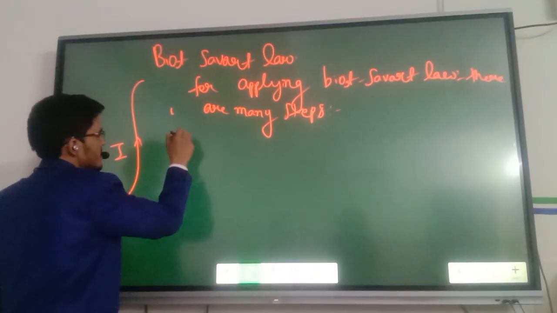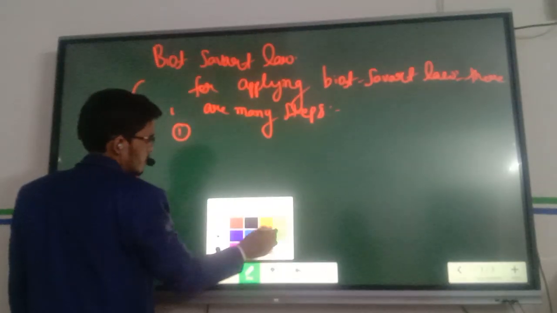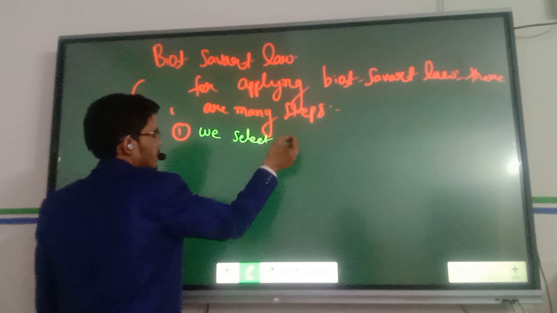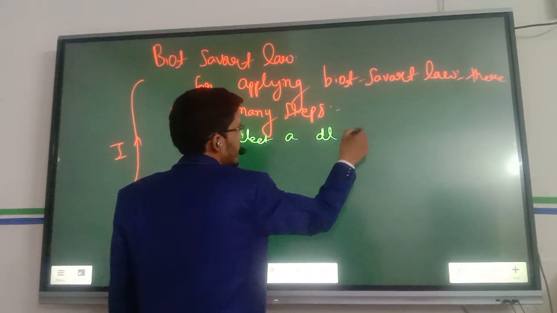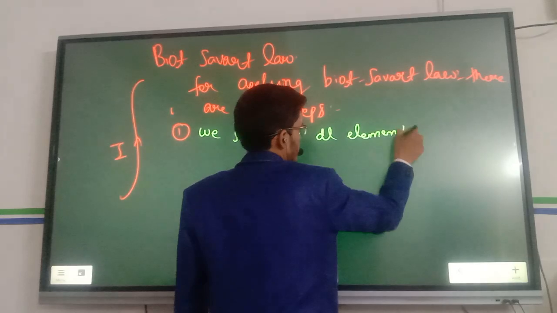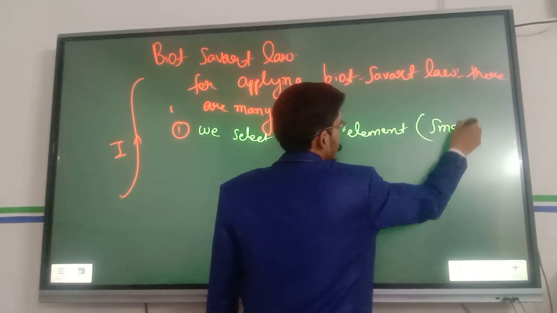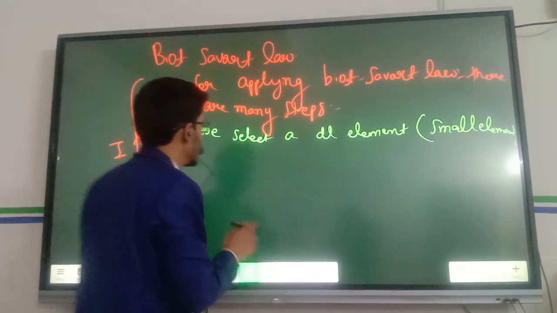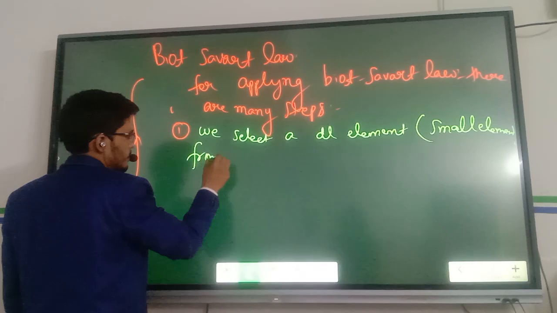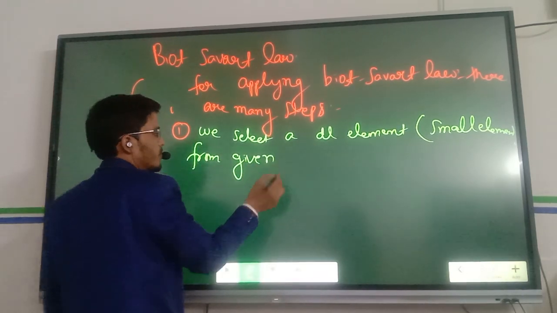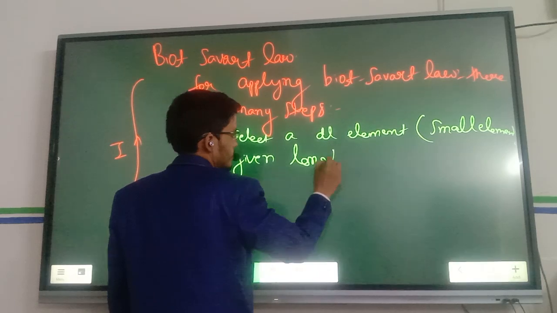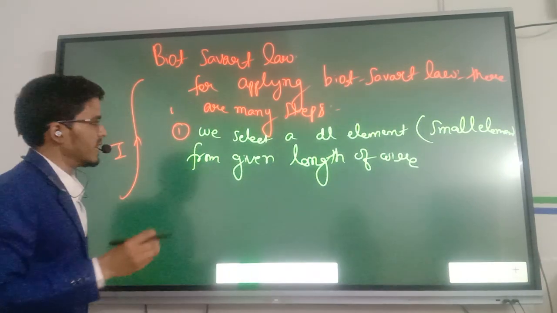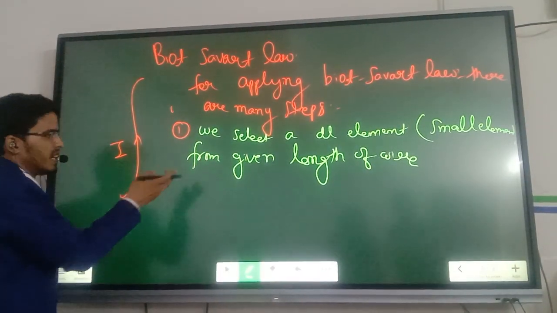Okay, so the first step is we select a dl element, means a small element, from the given wire, from the given length of wire.